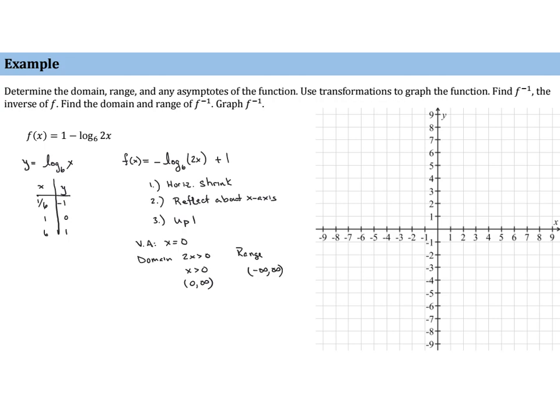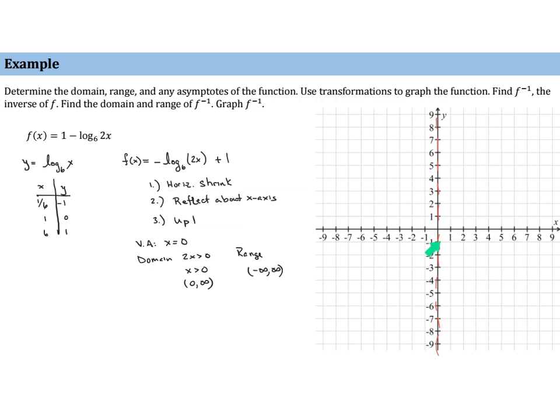So now, if we have our vertical asymptote sketched, if we take 1/6, -1, and we shrink it horizontally, that'd be 1/6, comma, -1.